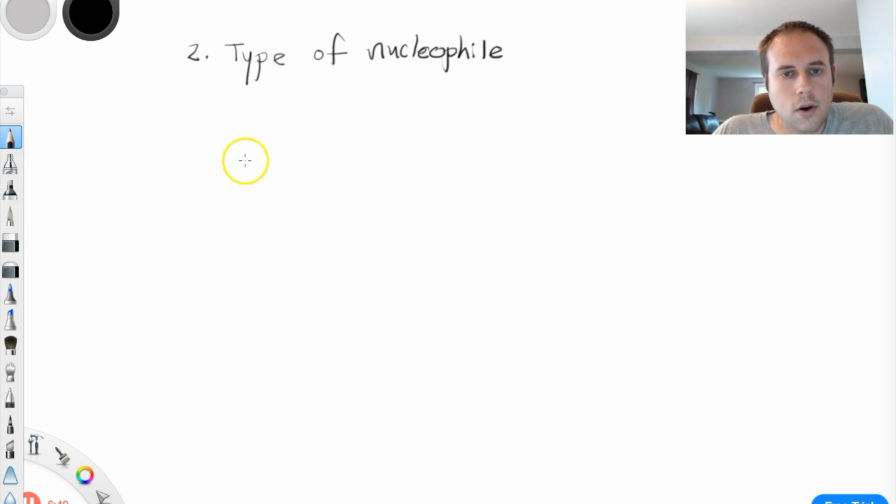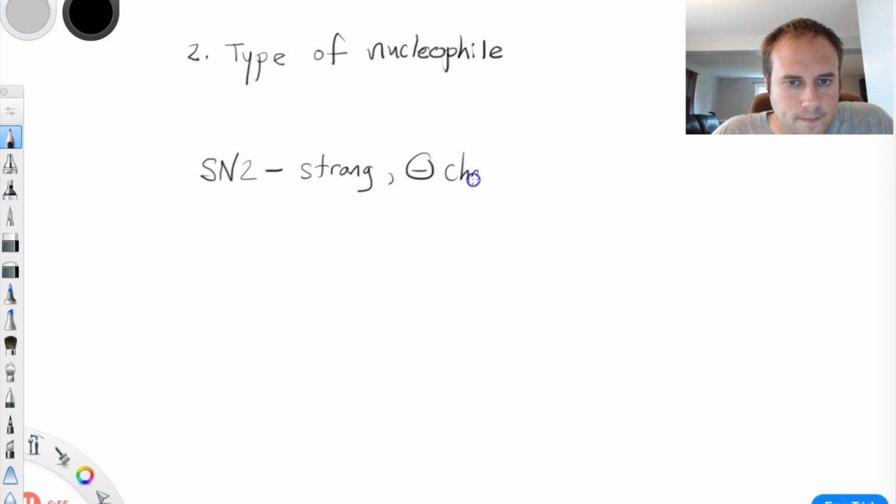Okay, so when you're taking a look at this condition, for an SN2, we want a strong negatively charged nucleophile. So a strong negative charge, aggressive nucleophile. And when we do SN1, SN1 tends to favor a weaker neutral nucleophile. And we'll explain why here in a second.